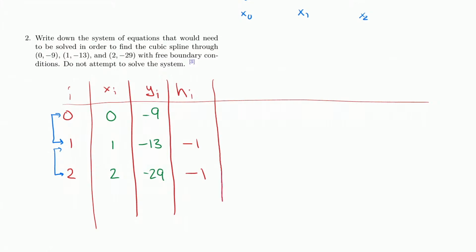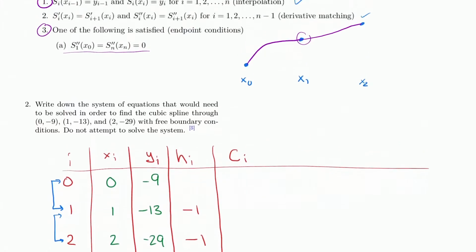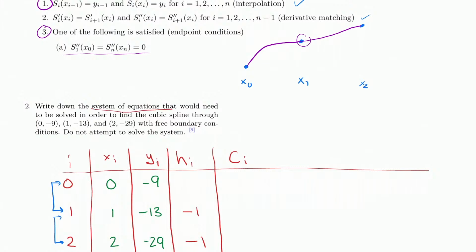Okay, now for the hard part: we need to set up equations to compute the C's. That's really what it's asking for here, what system of equations you need to solve. And honestly, I don't know why they say don't attempt to solve this. It's three unknowns. I mean, what's the big deal? Well, we'll see.